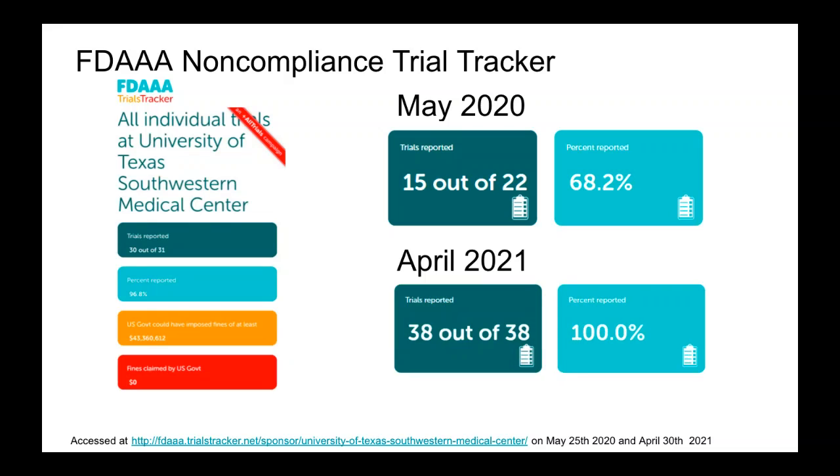So with everyone's effort, we reached 100% compliance since January, and in April, we were able to keep 100% compliance. Again, it's important to note that this 100% compliance is for FDA-regulated applicable clinical trial results only. It does not include NIH trials that are not applicable clinical FDA-regulated trials, or trials that are voluntarily registered.